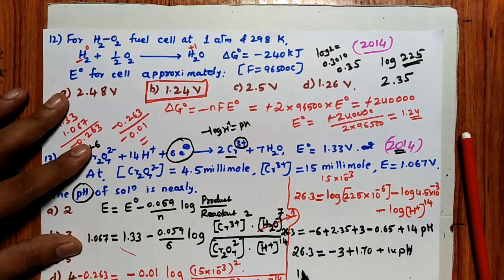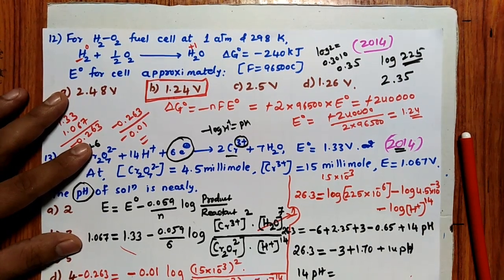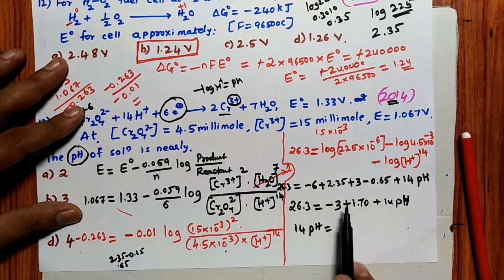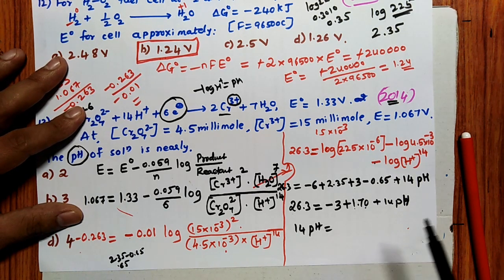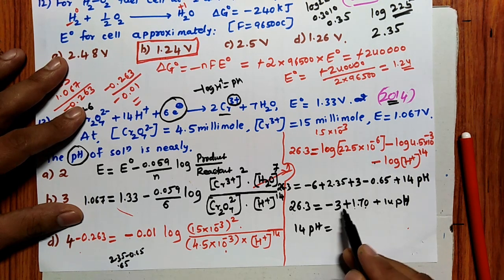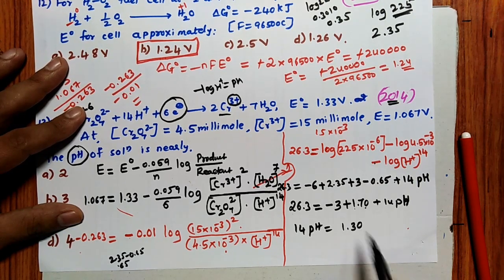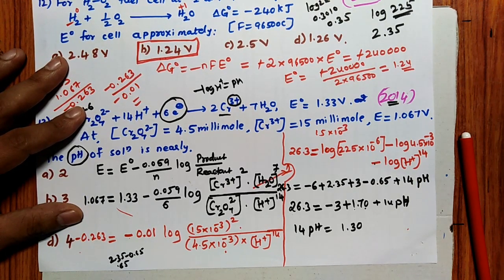Now I will write it as 14 pH is equal to minus 3 plus 1.70. So you are going to get, remember, around 1.3. So minus 3 plus 1.70 means 1.30 you will get, almost. Correct?